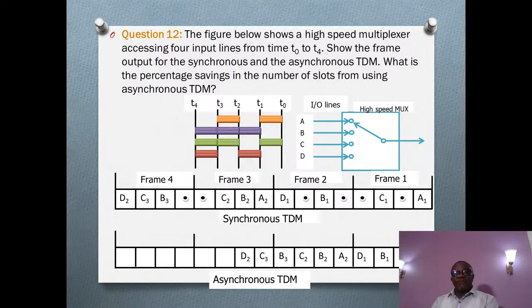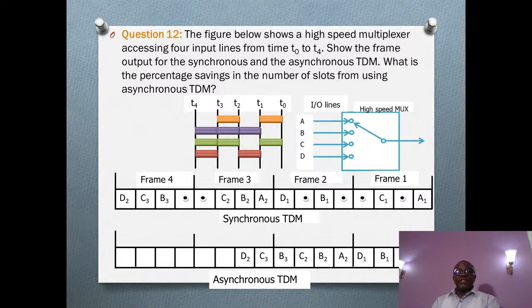Now, from the figure on the left, T0 to T4, you can see for the synchronous multiplexing, the commutator in A, we see those bands that are in orange color.